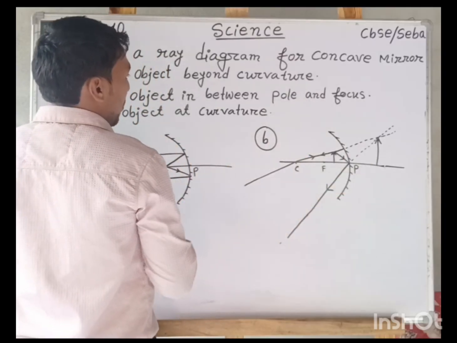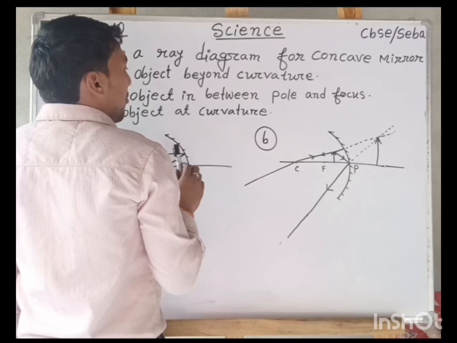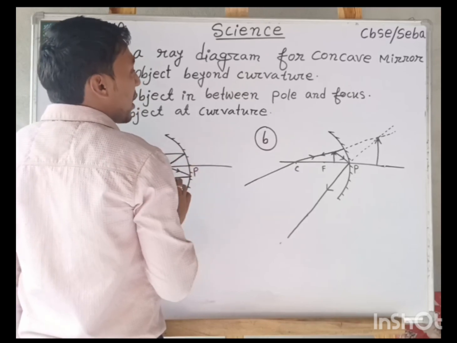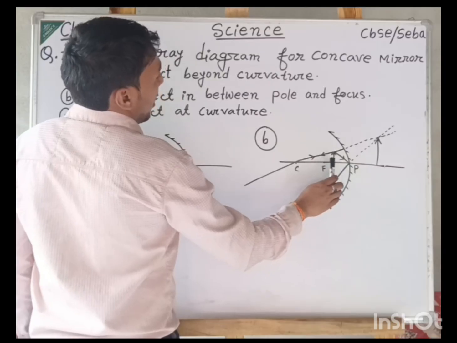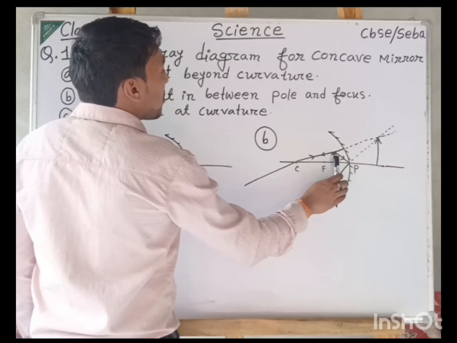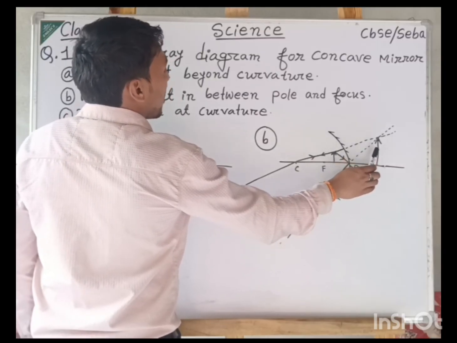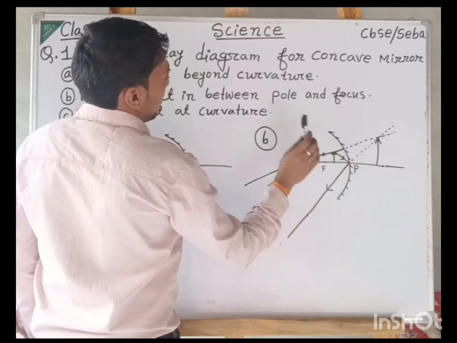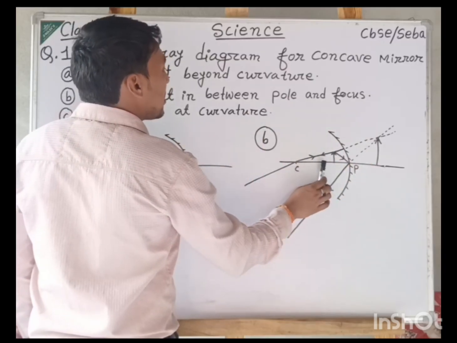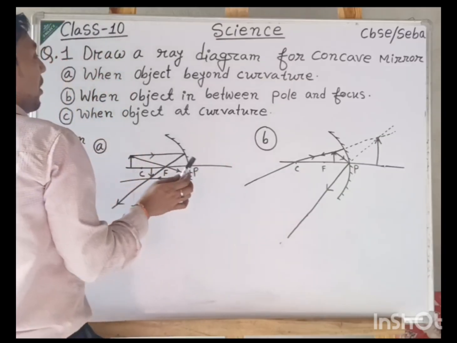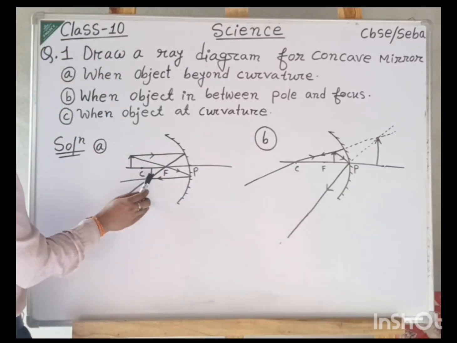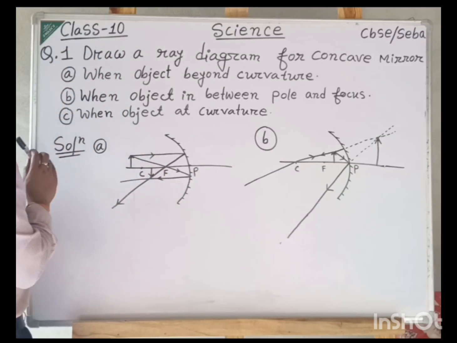A concave mirror gives a virtual image only in one condition, when you keep the object in between pole and focus. In between pole and focus, wherever you keep the object, you will get the virtual image behind the mirror. But other than this, wherever you keep the object, you will always get a real and inverted image, like this type of image.